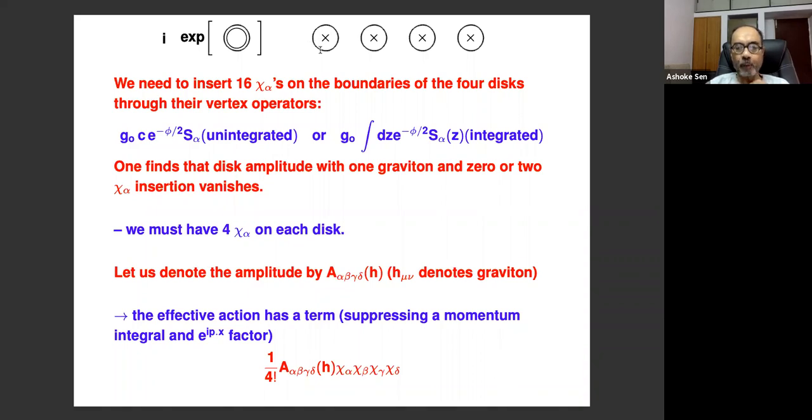But what one finds is that for the product of the two zero modes, chi alpha and chi beta, the singular part is proportional to gamma mu alpha beta, and gamma mu is symmetric in this case. Because of the symmetry of gamma mu, once you contract with the epsilon at the end, those terms go away anyway. So there is an ambiguity in doing these integrals, a singularity from the collision of the vertex operators that are integrated on the boundary. But it's a perfectly well-defined integral which you can do and get the answer for A.